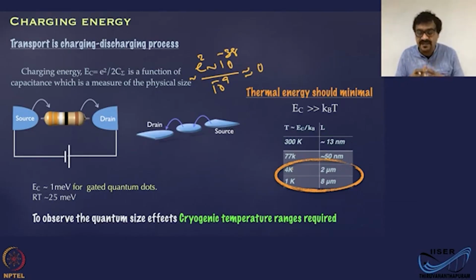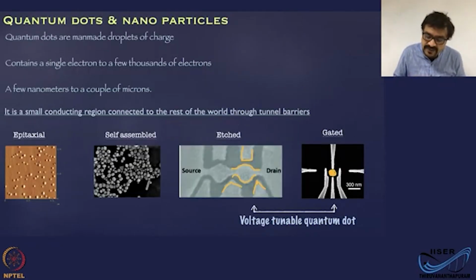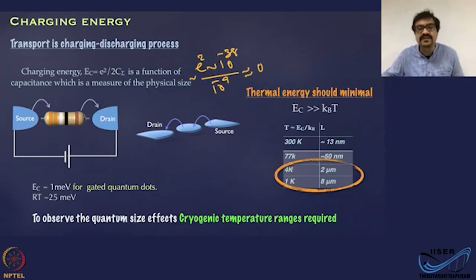But now let's consider one of these materials, a quantum dot, of the size of a few tens of nanometers to like a micrometer. And you can work out its self-capacitance.